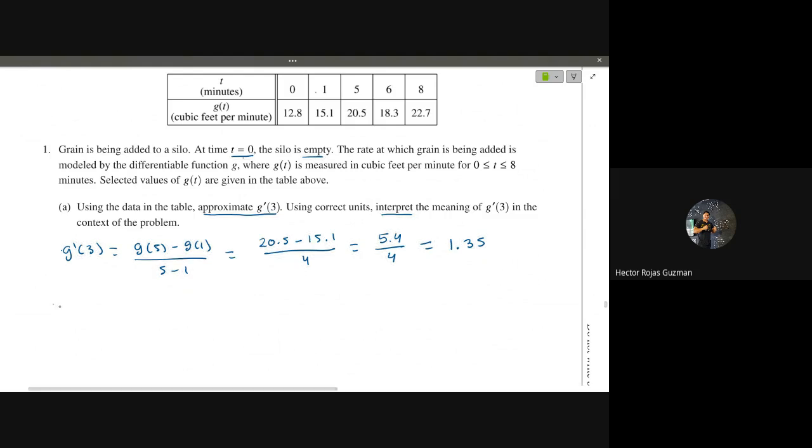So at t is equal to 3 minutes, the rate at which grain is being added to the silo is increasing because our answer was positive.